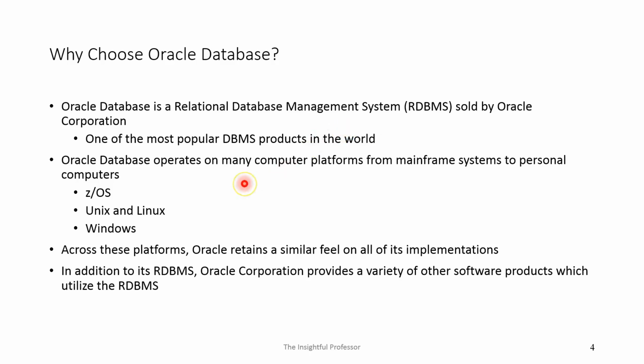Oracle database operates on many different systems, from large mainframe computers down to personal computers, running on operating systems such as z/OS, various flavors of Unix and Linux, and also Microsoft Windows. The neat thing about this product is, regardless of which operating system you're using, the DBMS presents the same look and feel.